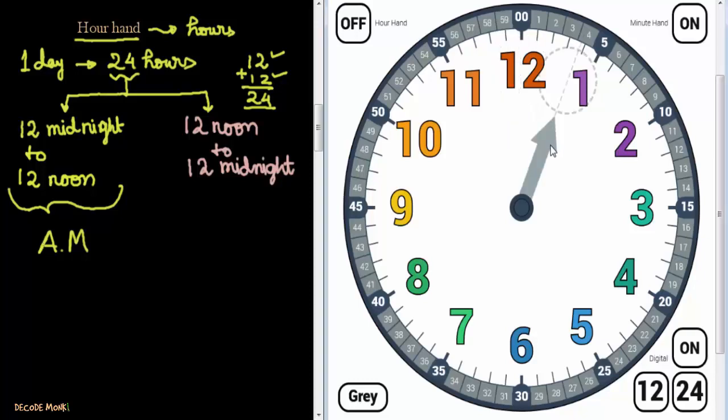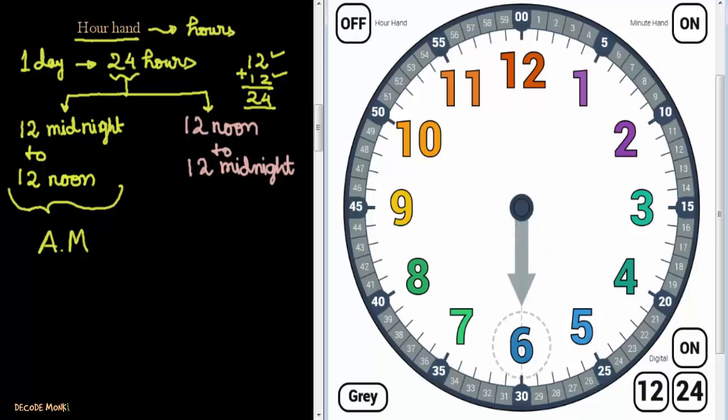Suppose you are sleeping and the clock is at 1. During that time you will say this time as 1 a.m. When the clock is at 3, you say 3 a.m. Now, if you are an early riser and you wake up at 5, it's 5 a.m. The hour hand represents the hour. This is 6 a.m., early morning.